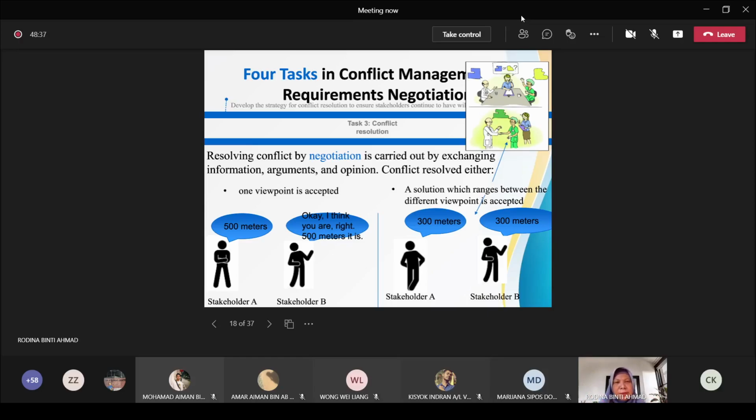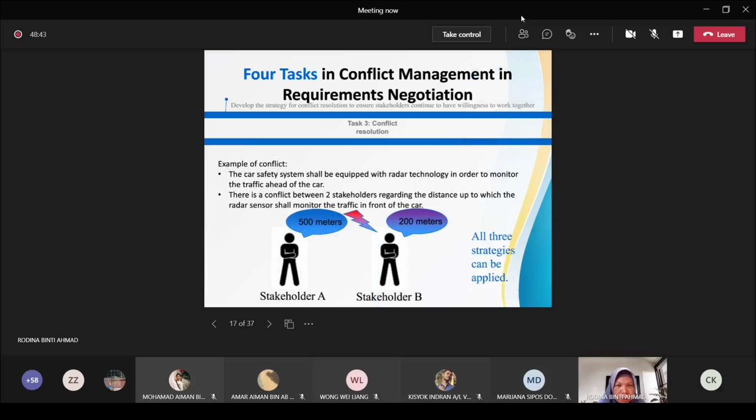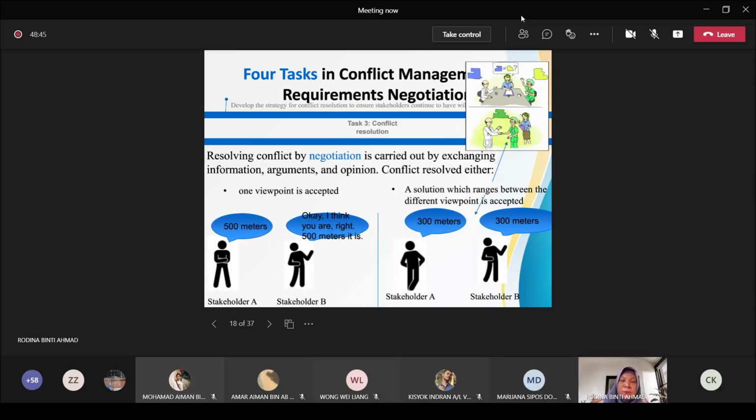If one says 500 and another says 200, why don't we try to compromise between the two, between 500 and 200? The solution can range between the different viewpoints and be acceptable.